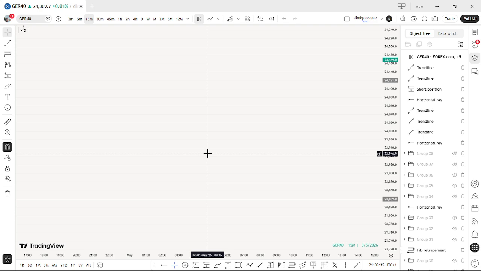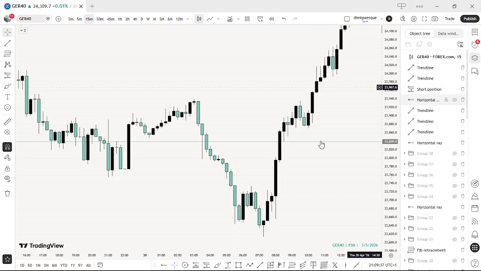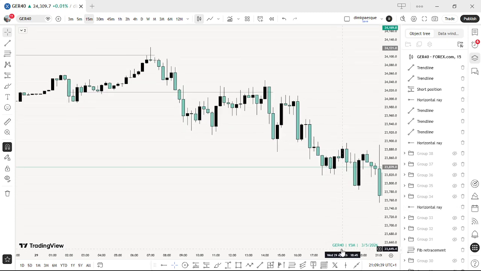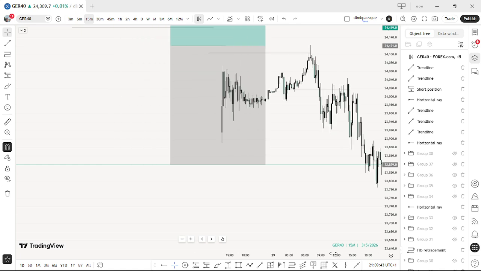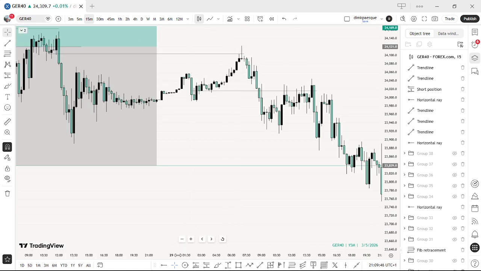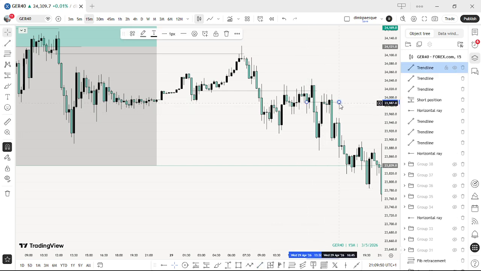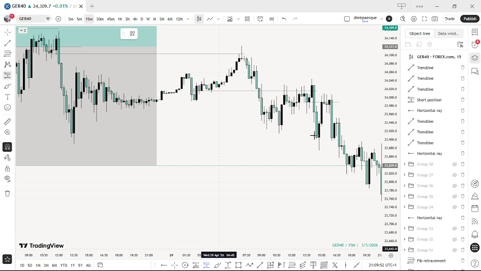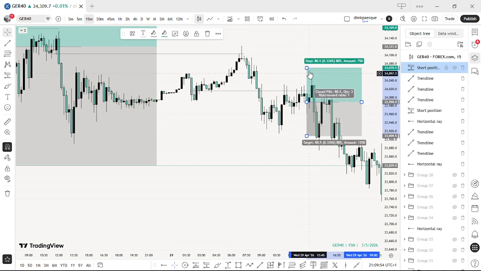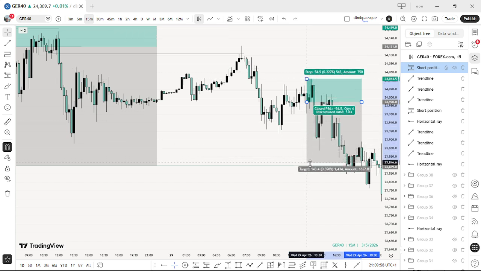So after the rejection, because it did not tag the 15 minutes key level, after the second set of rejections, we finally broke structure here again, flipping the key levels. So that's where we got the last entry from. Stop loss is here.